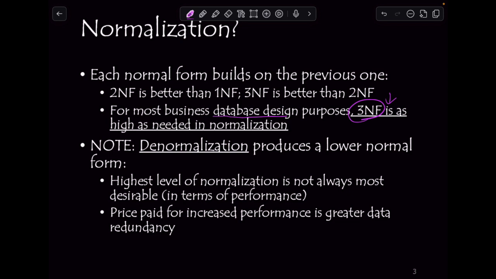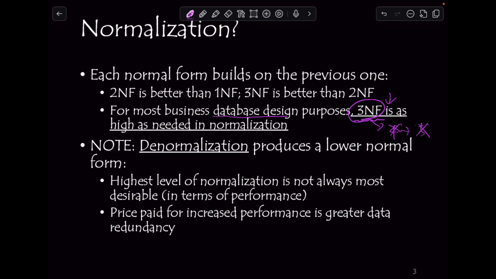No, actually there are further steps. From the third normal form, you can make a fourth normal form, and there is a fifth normal form as well. However, in general, for business database design, the third normal form is pretty sufficient, good enough. So in this lecture, we are going to stop when we obtain the third normal form. You don't have to worry about the fourth or fifth normal form, although they exist.